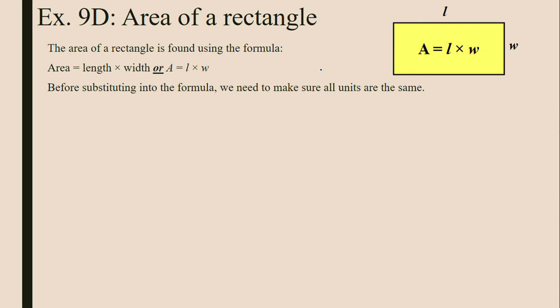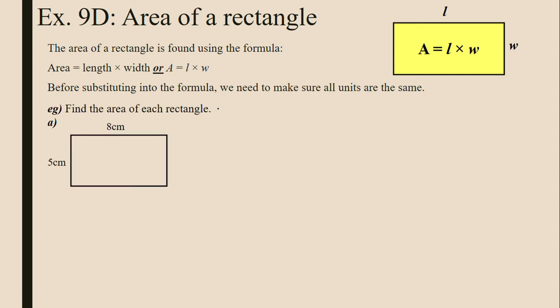Before we substitute into a formula, we still need to make sure that all of our units are the same when we calculate area. So we've got 3 rectangles today to calculate. The first is a rectangle of length 8 centimeters and width 5, or it doesn't matter if you swap them, because we're multiplying.